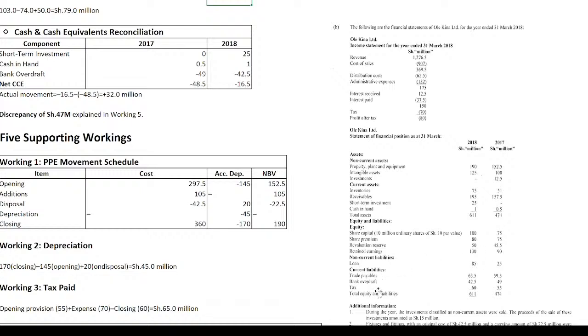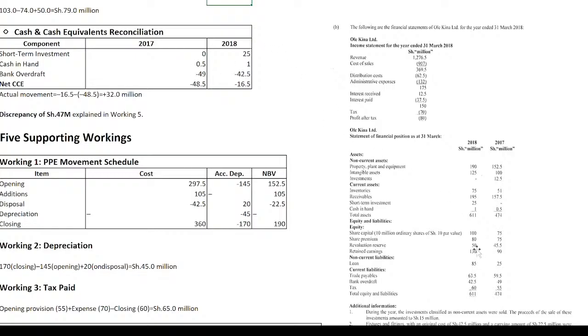Then the overdrafts, since that one is in our cash equivalent, which was 49. So when you subtract that, you're going to get 48.5. So this is our cash and cash equivalent, our net in 2017.